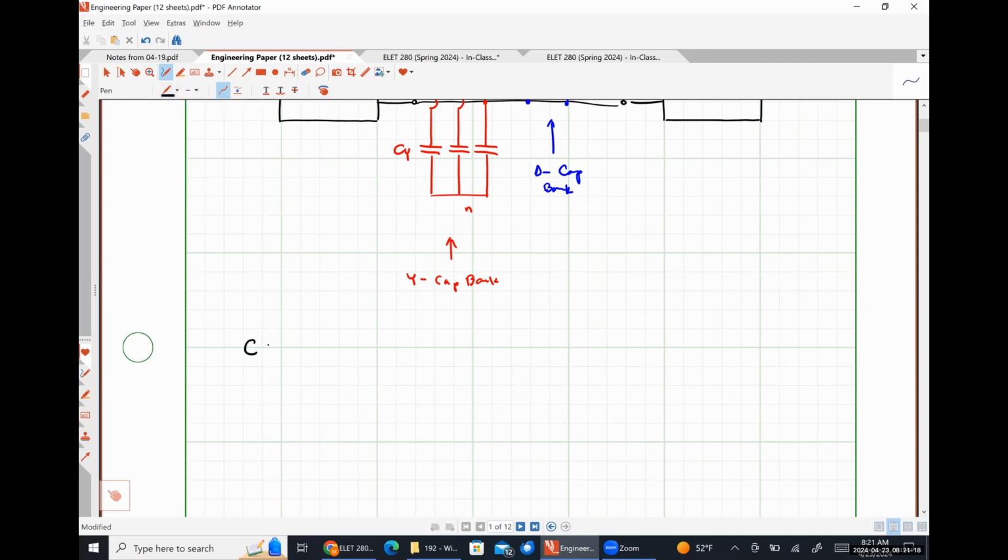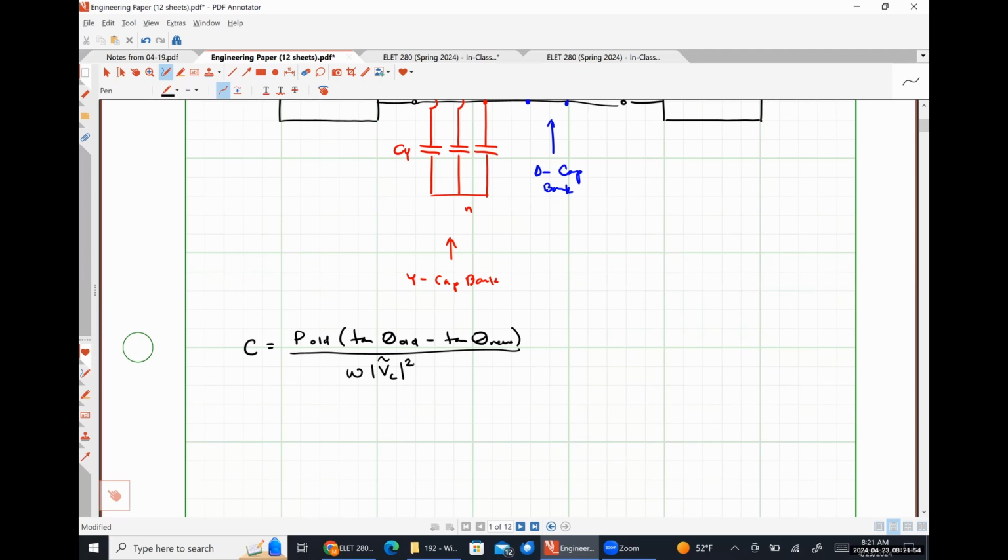We know that C was supposed to be equal to P old times the tangent of theta old minus the tangent of theta new, divided by the magnitude of the voltage drop across our capacitor squared, right? That was our single phase equation for determining the value of the capacitor.